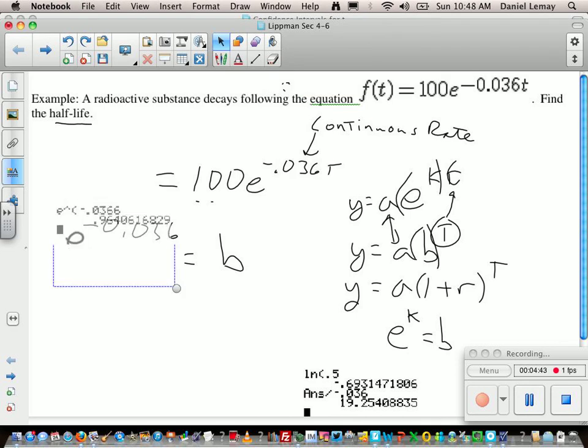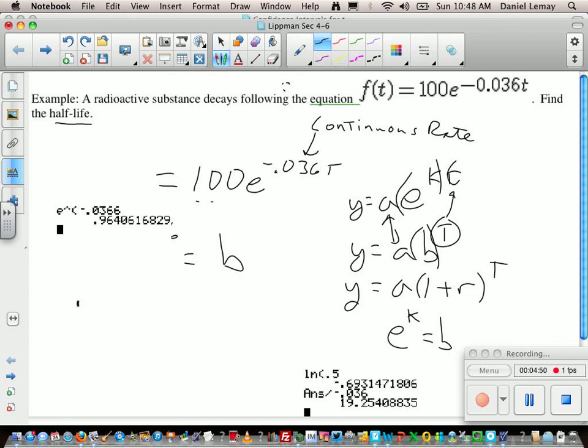And since I know that the b, the base, is equal to 1 plus that rate, I know that 0.9641 equals 1 plus r. So subtract 1 from both sides, and that will be what my annual growth is.